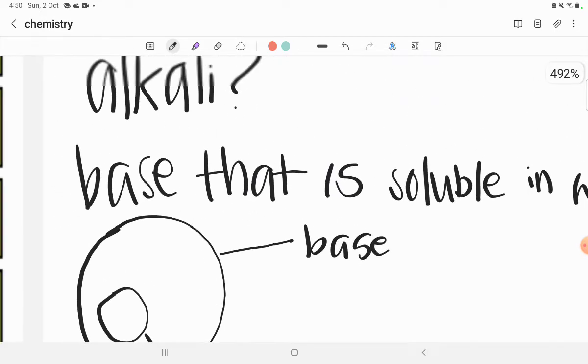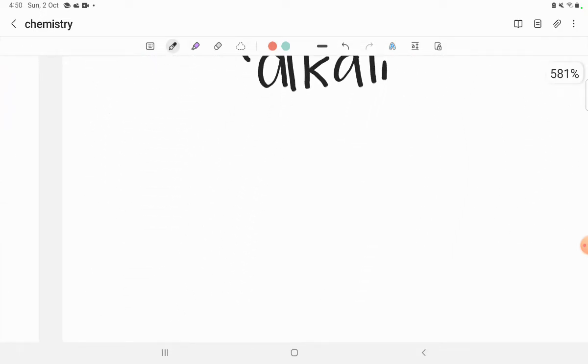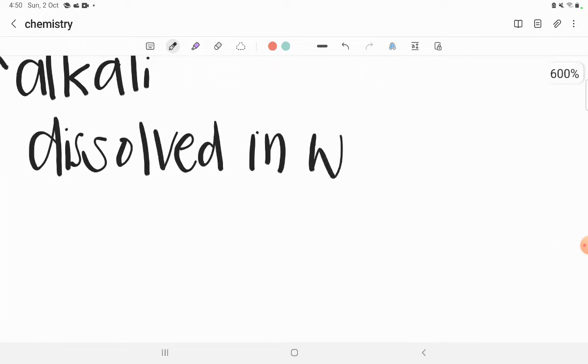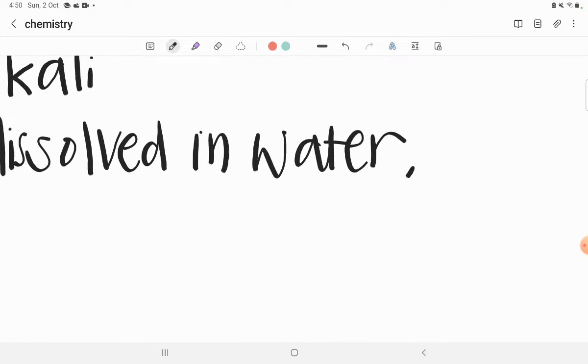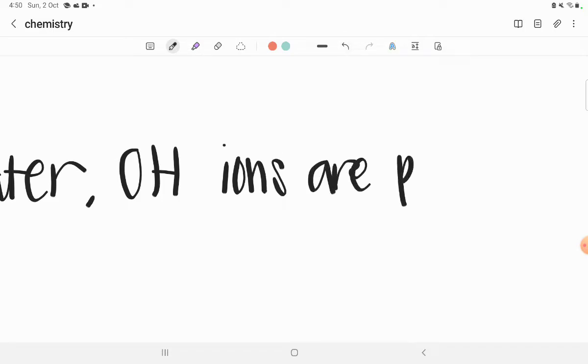And one more thing about alkali. Similar to acids, when they dissolve in water, instead of hydrogen ions, this time hydroxide ions are produced.